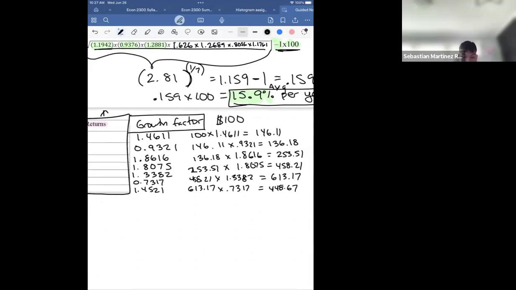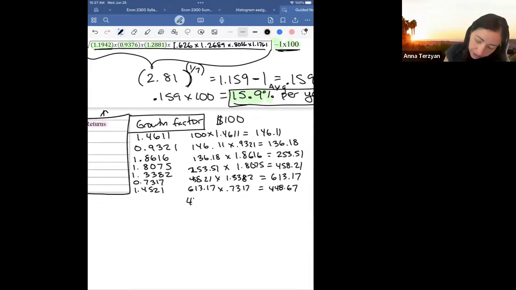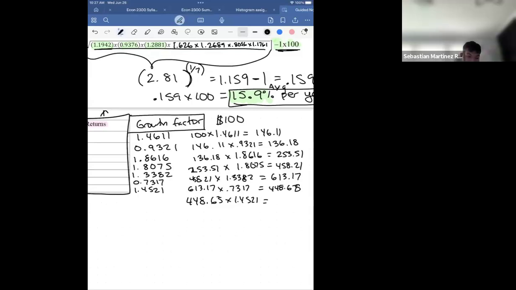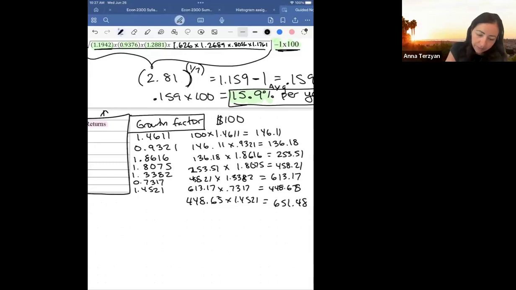Okay, and then finally it grew 45% in the last year. So we have 651.48. There we go. So we started with 100 and we end up with 651.